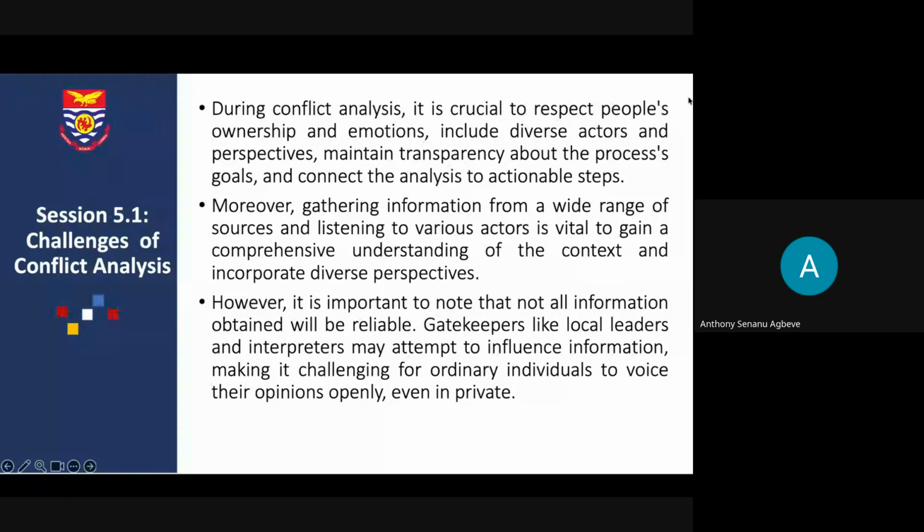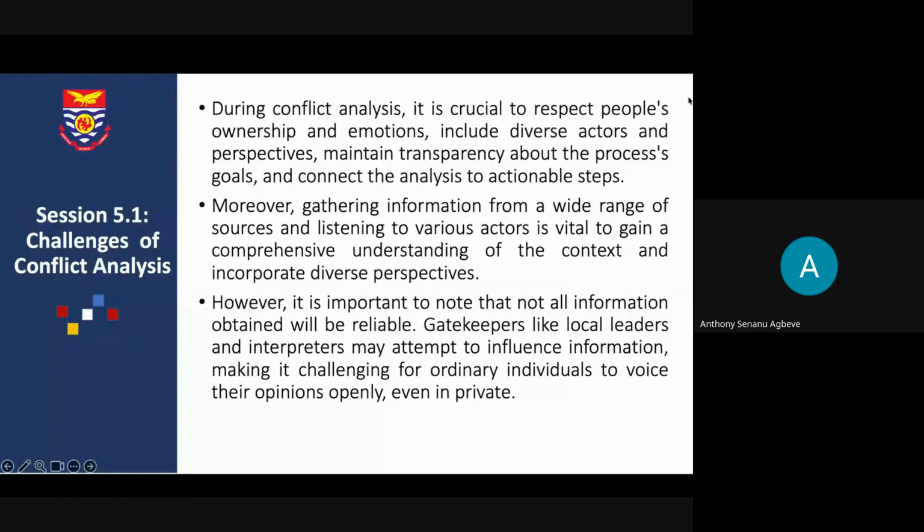Maybe you need to travel from one community to the other. For example, in a situation where there are curfews all over the town, and you cannot easily move from point A to point B. And as a necessity, you need to really get information from people, and some of these people are in places where there are curfews.